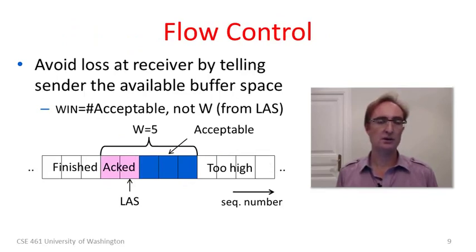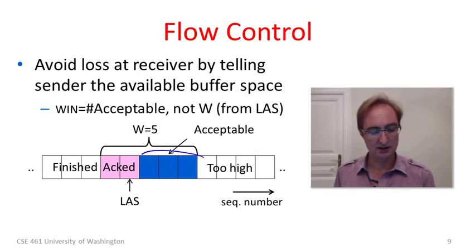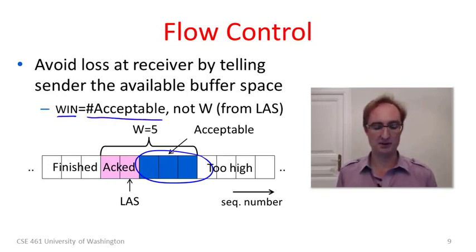What we would like to do with flow control is come up with a mechanism whereby we avoid these kinds of losses at the receiver. We can do that by simply telling the sender how much buffer space is available. What we would like to tell the sender is that, for instance, here there are 3 buffer spots available. That's this win, the flow control window, which is the number of acceptable segments, or the buffer size there.